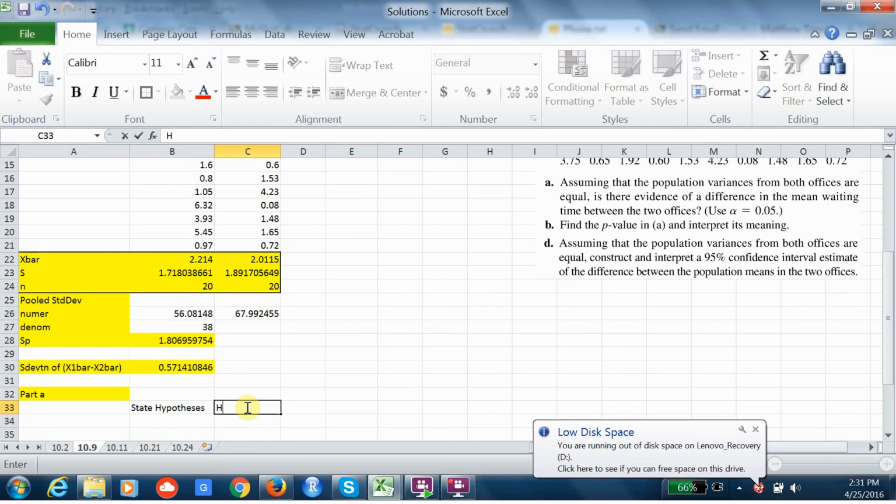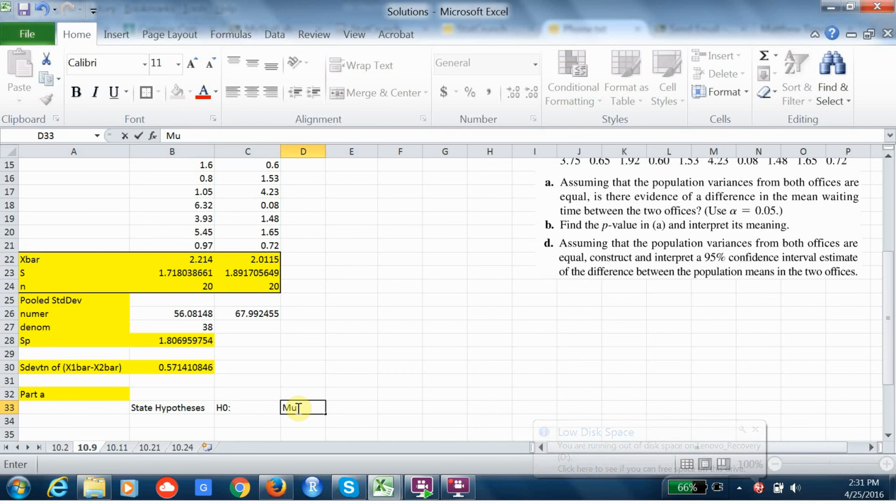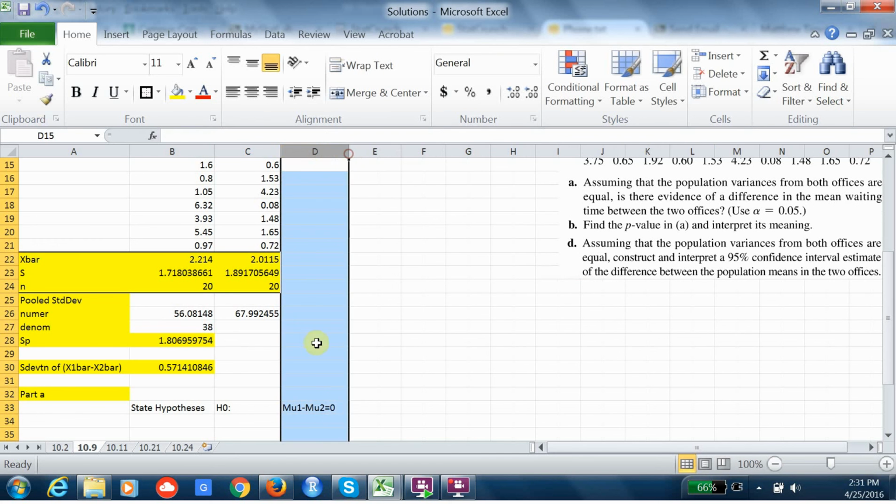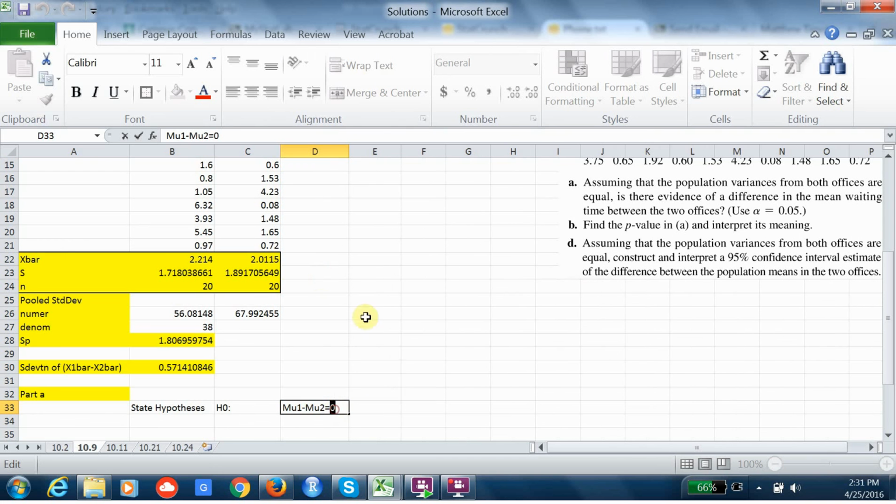So here I'm going to express the null hypothesis as mu1 minus mu2 is equal to 0. I always want to put this d on the right hand side. This difference that I'm testing x1 bar minus x2 bar against. Okay. And of course the alternative is that they're different. So I can just cut and paste, hit enter, go down here, and just say not equal.